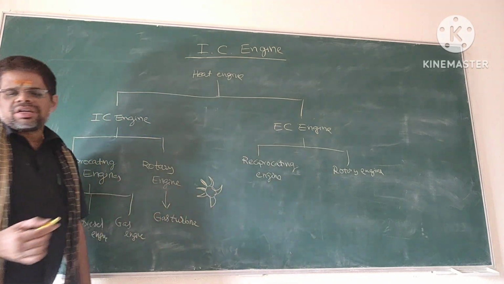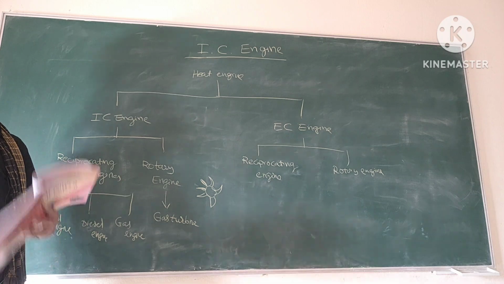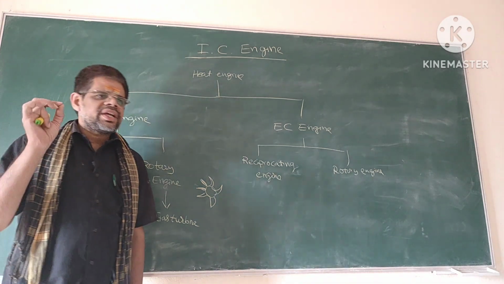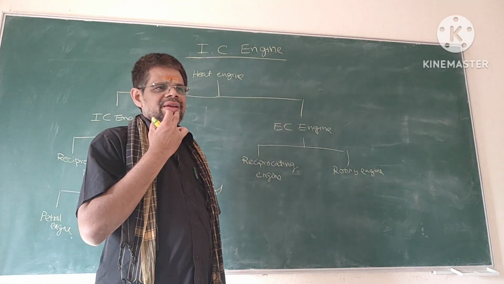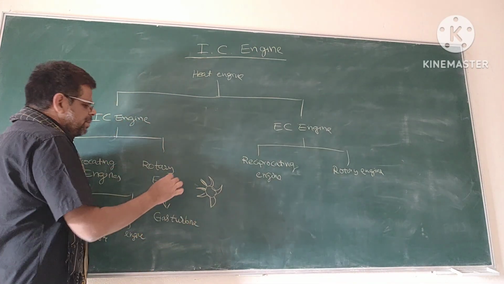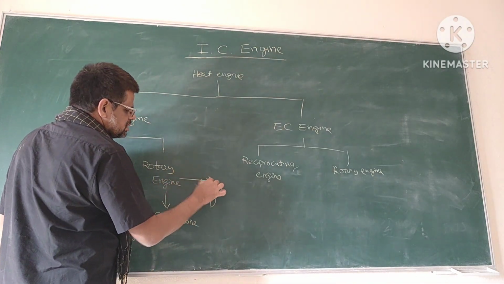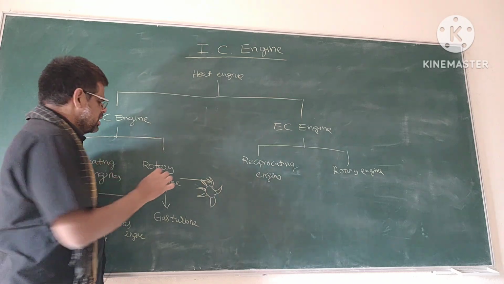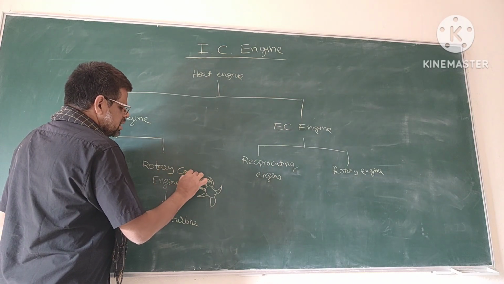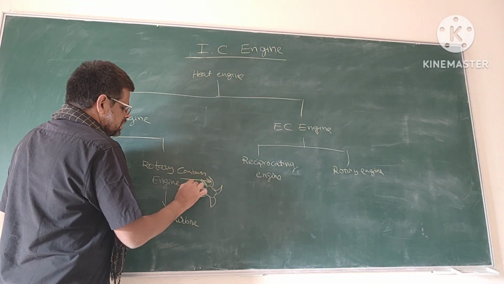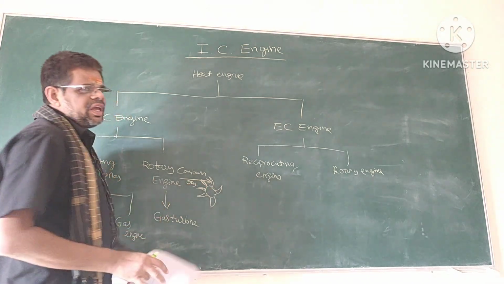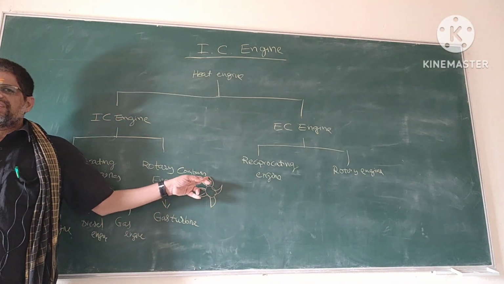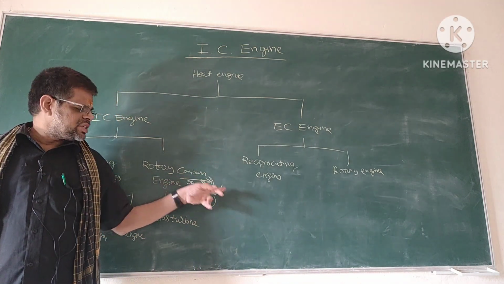The combustion gases, which are at high pressure, are allowed to pass over the blades. When they impinge on the blades of the rotor at high speed, what happens to the rotor?